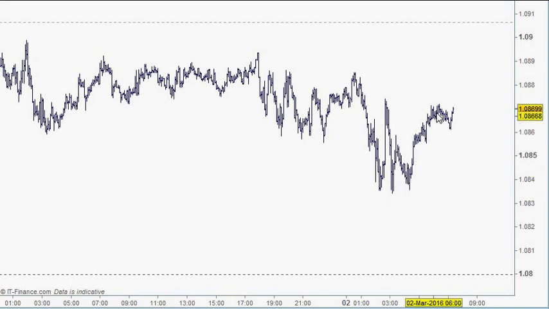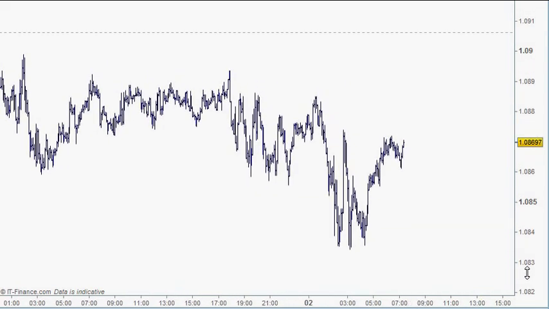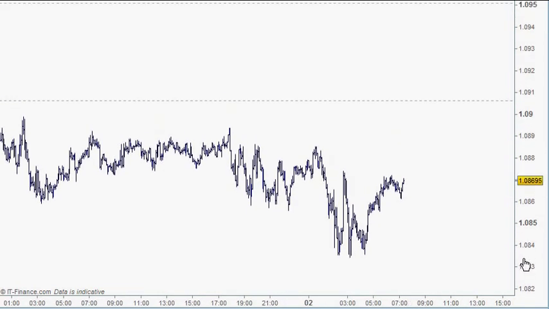We are seeing impulse waves move to the upside here. We just need to see how it pans out. With this really choppy price action, it's probably showing some big volume coming in and changing the trend.